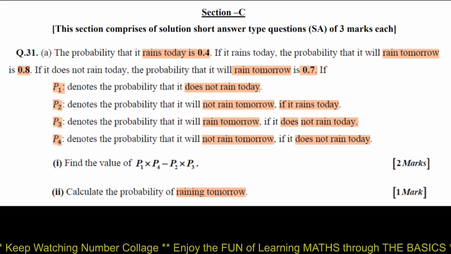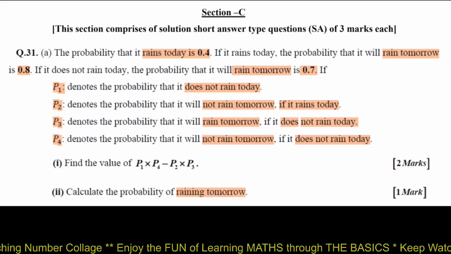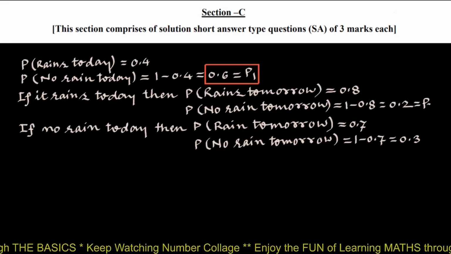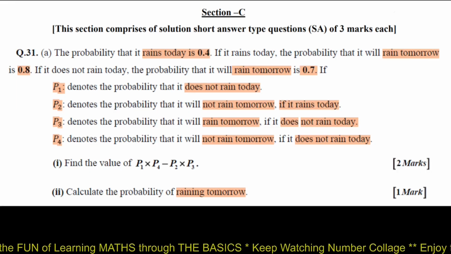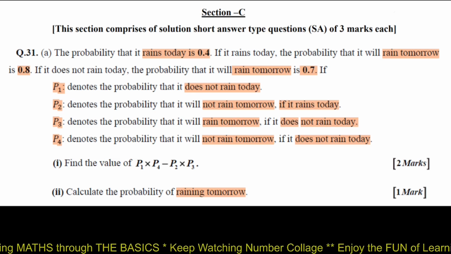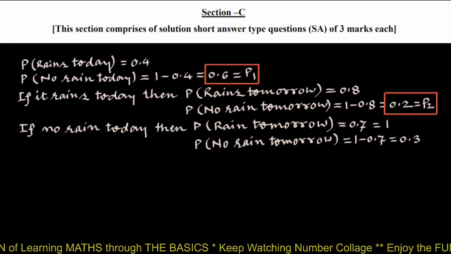P2 denotes the probability that it will not rain tomorrow if it rains today, which means this 0.2 is P2. P3 denotes the probability that it will rain tomorrow if it does not rain today, which means this 0.7 is P3.